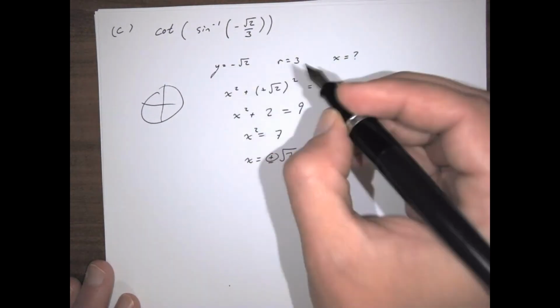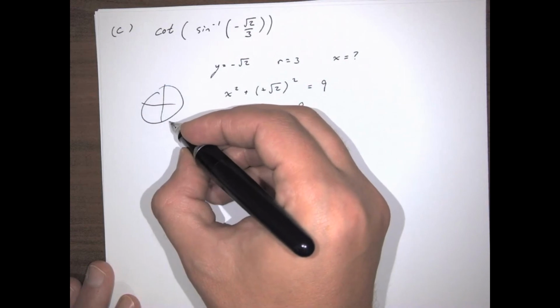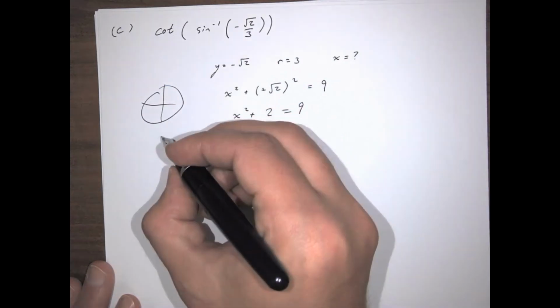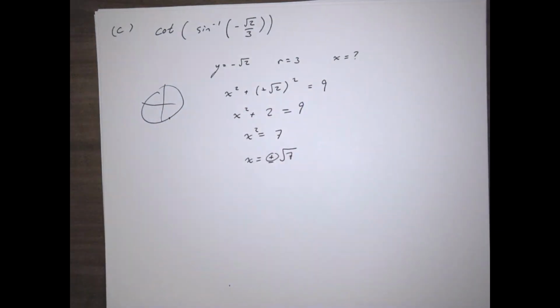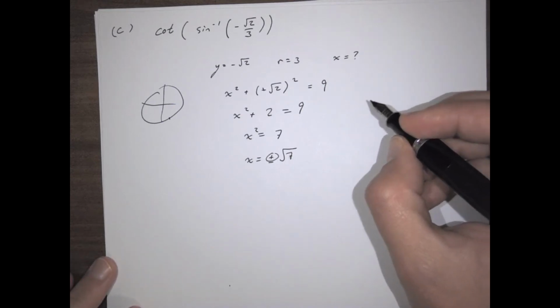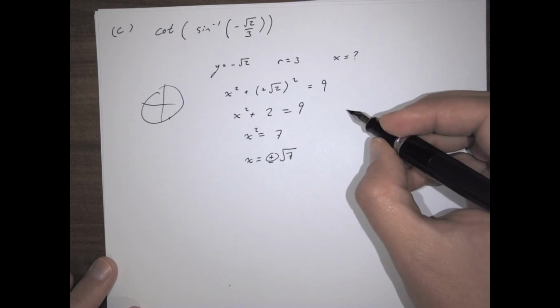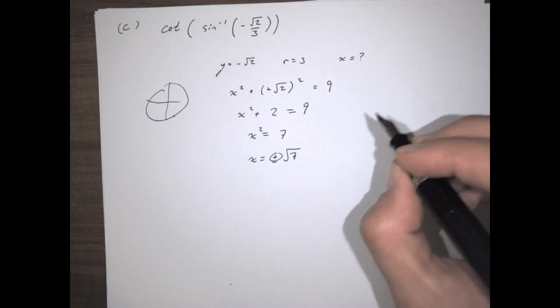And let's see, so what would that put us at? So a y of negative root 2 and an r of 3. So it's a negative y and an r. So we might as well just have that point right there. Okay. And in fact, this one has to be that point right there because that's the range of sine inverse.